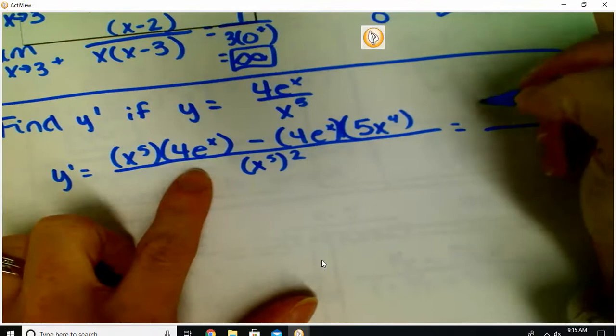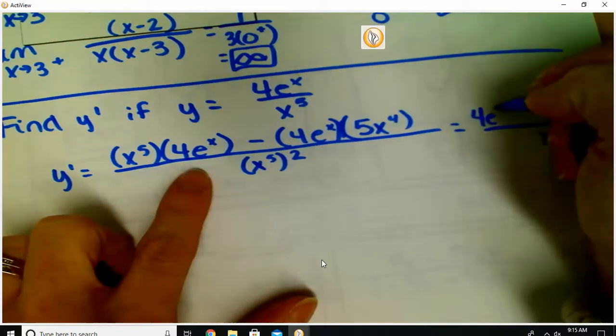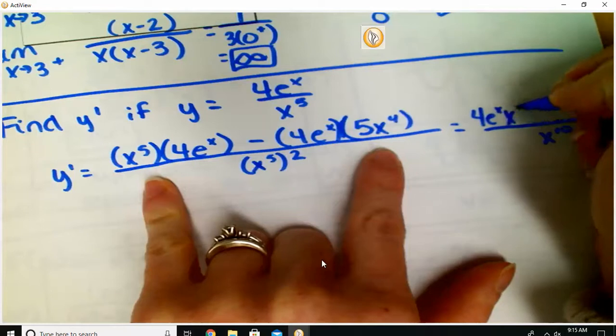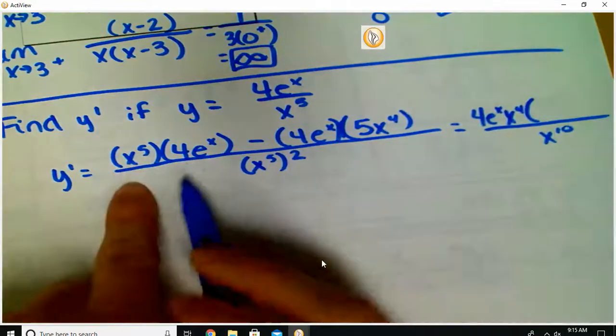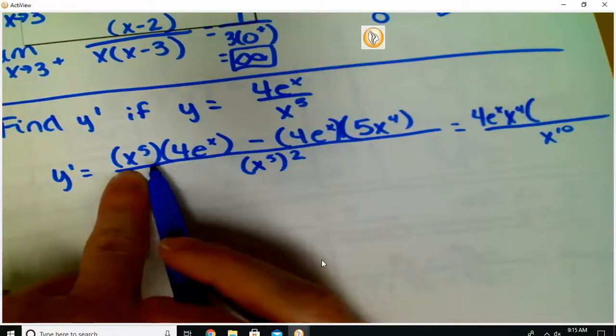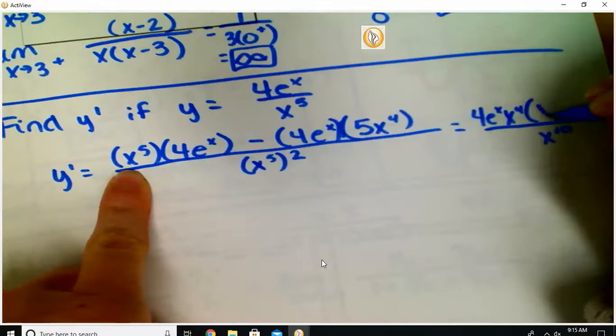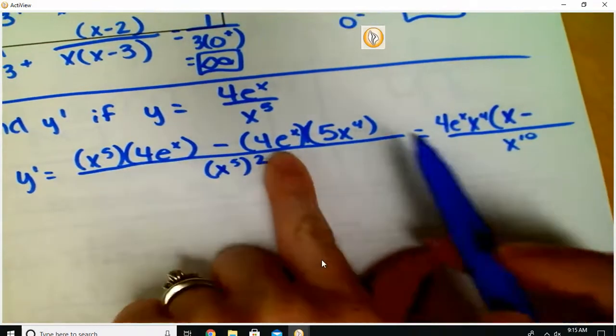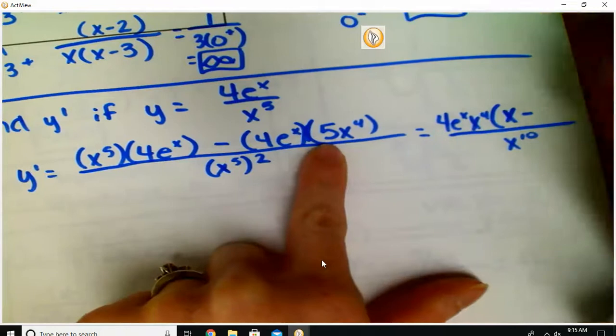They both have that. Do they have anything else in common? Yeah, we have an x to the 4th. On the first term, I took out the 4e to the x and an x to the 4th, so there's an x remaining. For the second term, I took out the 4e to the x and the x to the 4th, so it's just a 5.